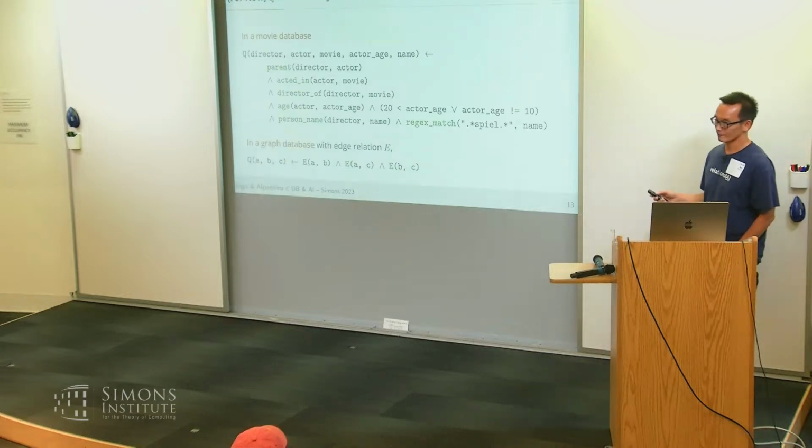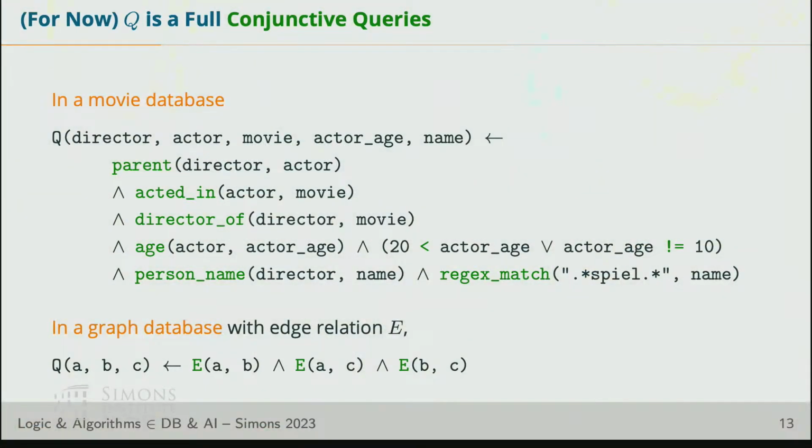Okay, so for the query, for now, let's just focus on conjunctive queries. What does that mean? It means that it is a query in which all of the variables appear in the output. So in a graph database, you have the body, and then in the head of the query, you want all possible triangles, for example.